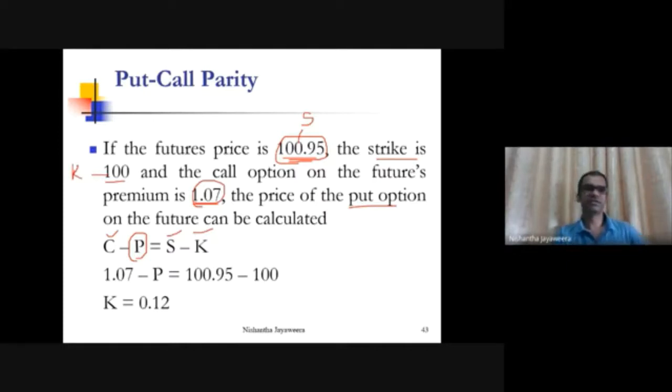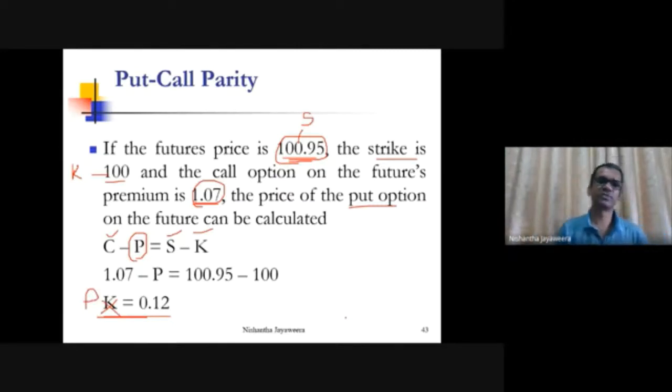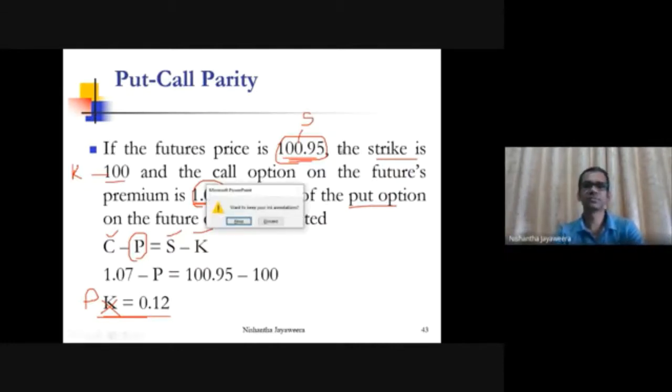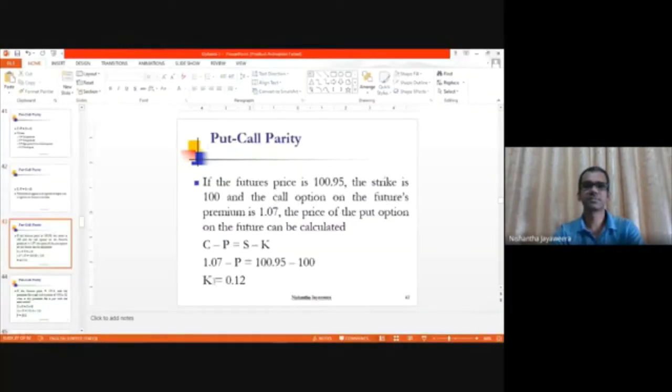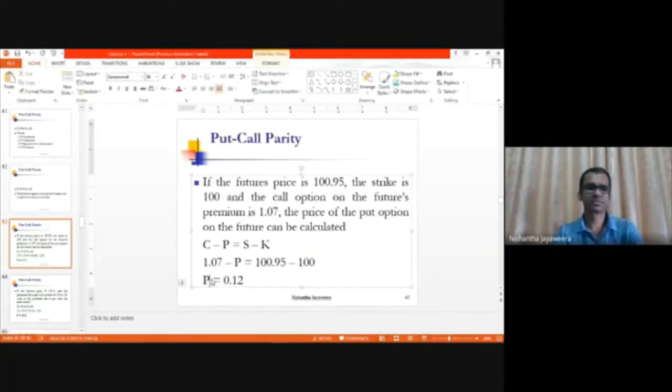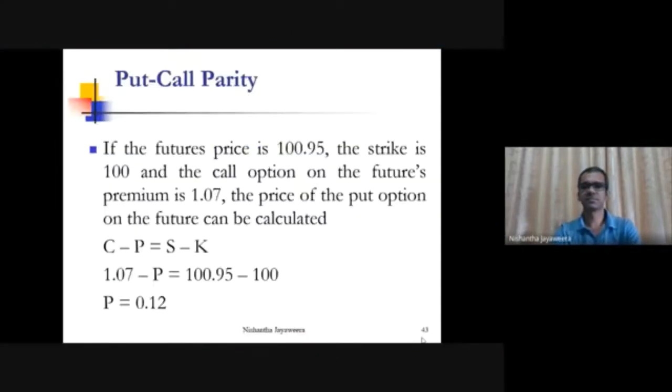You substitute that, you will get the premium, oh sorry, this should be P. Premium on the put option is 0.1. So make this correction, please. Sorry, this should be P.